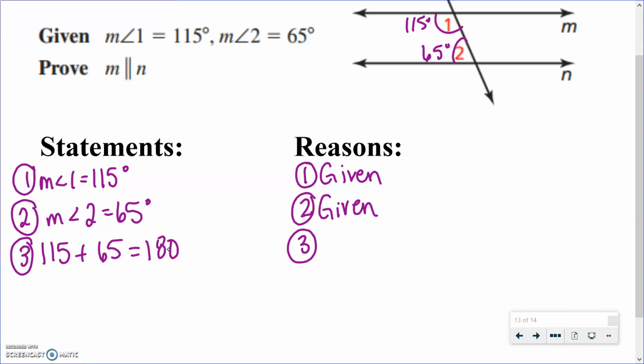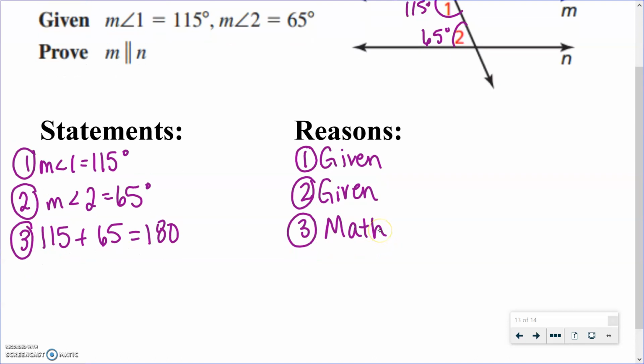And so we are just going to use the reason of math here, because that's just a true statement using math and arithmetic that we are familiar with, okay? But then we want to continue to use that and substitute some things in that we do know. So I know this right here, 115 is the measure of angle 1. And I know right here that 65 is the measure of angle 2.